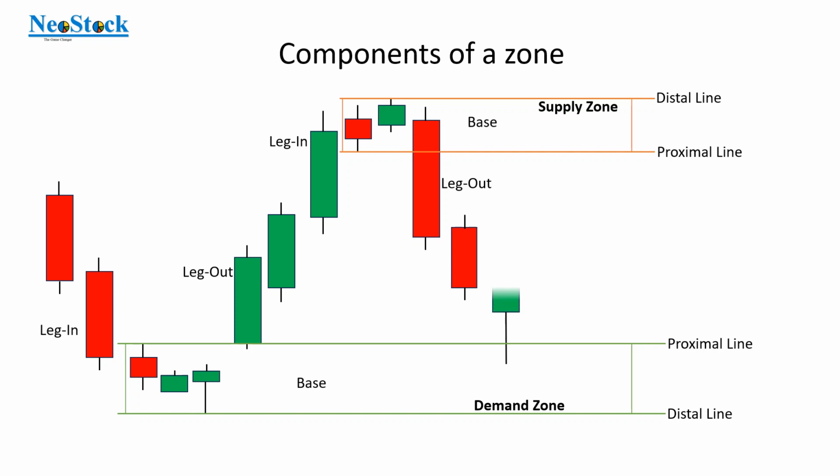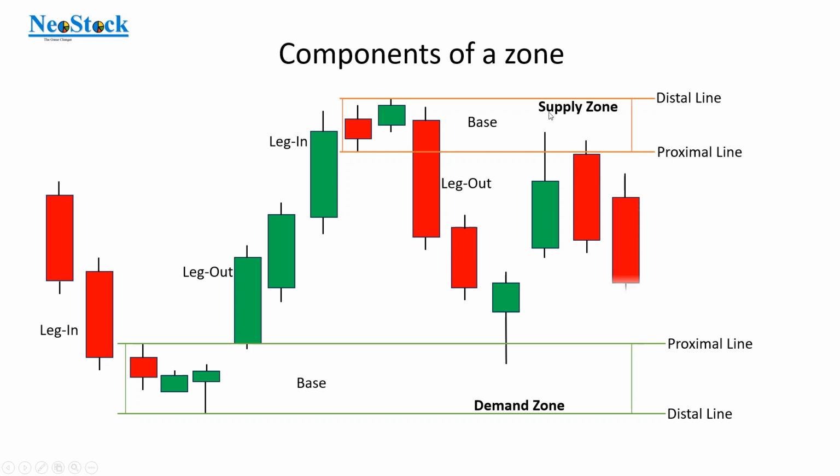Now what's happening? Prices entered the demand zone. The demand zone pushed the price up, and then prices went into the supply zone, and the supply zone pushed the prices down. Please look at the high of this demand zone. This is called the zone high. In exactly the same way, look at the high of this supply zone.